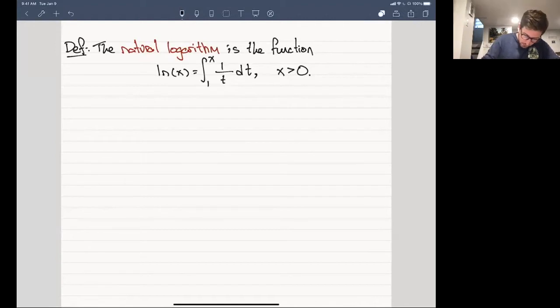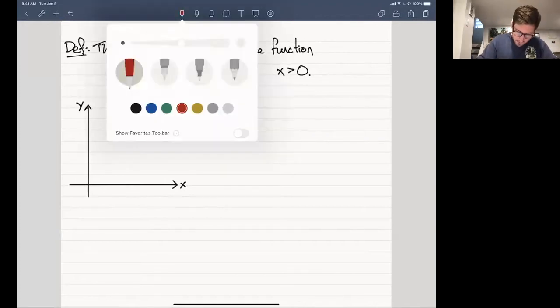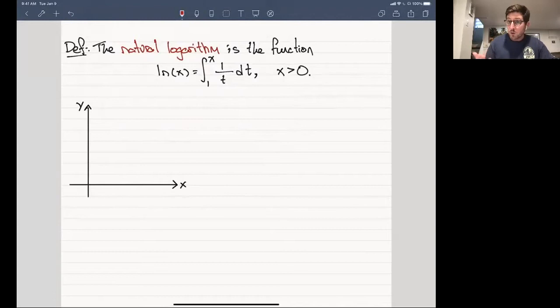Well, if we offer up a little sketch and we think about how we introduce these types of variable dependent integrals, this thing is actually asking for an area underneath a curve. So the function is defined as an area under a curve. And what curve is that exactly? Well, that curve is y equals 1 over x.